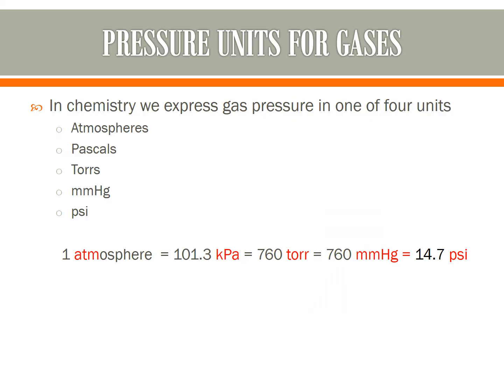All right, so pressure units for gases. In chemistry, we have gas pressure in many different units. There's atmospheres, pascals, torrs, mmHg, psi. We won't use psi too much in this class. We'll use the first four mainly. And for pascals, we really are going to use kilopascals. This is a torr, this is millimeters of mercury, and 1 atmosphere.